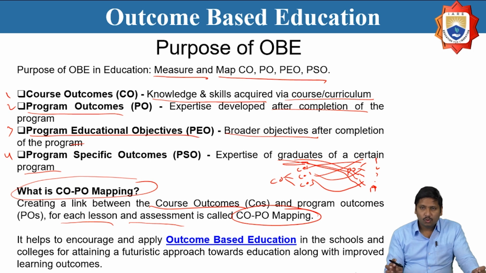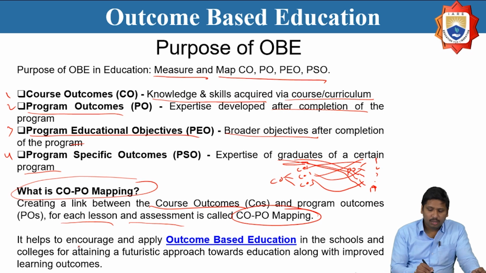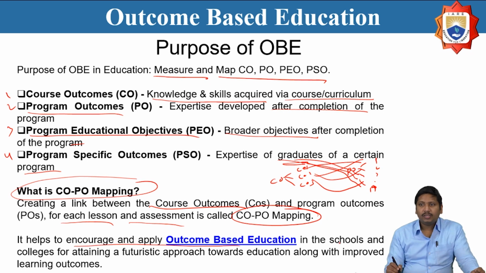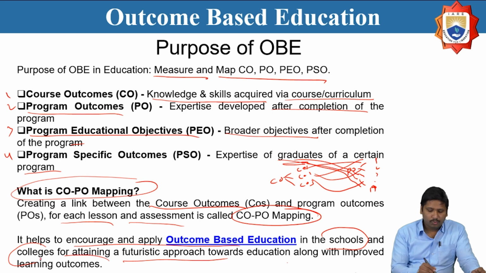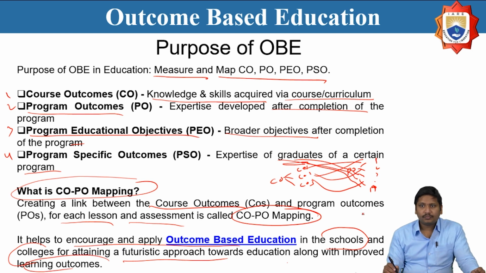This link applied between the COs and POs for each and every lesson and assessment is called CO-PO mapping. Normally this is helpful in encouraging and applying outcome-based education in schools as well as colleges, for attaining a heuristic approach towards education along with improved learning outcomes.